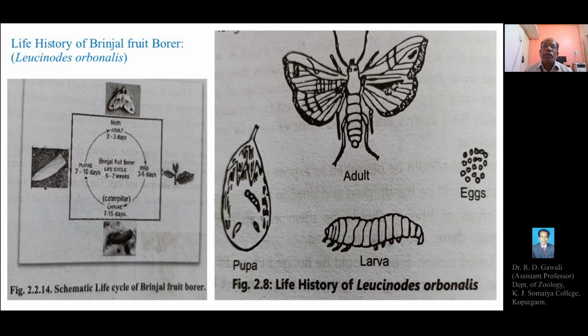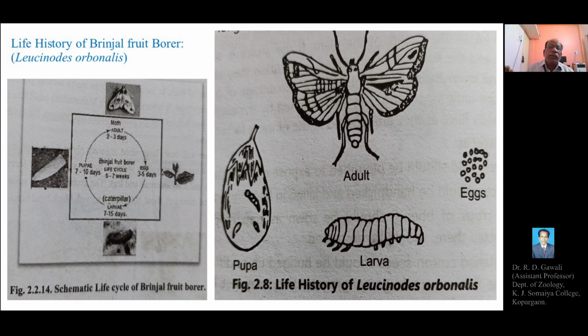In case of adult moths, the female moths lay eggs on the surface of the leaves of the brinjal plant, and the eggs undergo embryonic development for about 3 to 5 days, and then hatch out into a larva called a caterpillar.